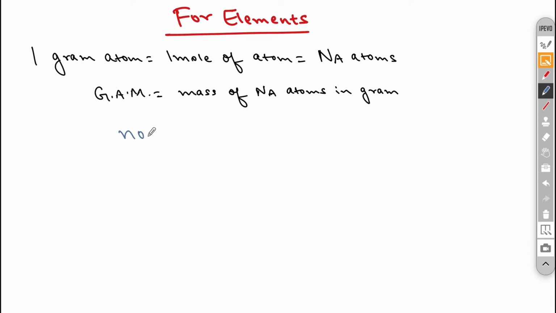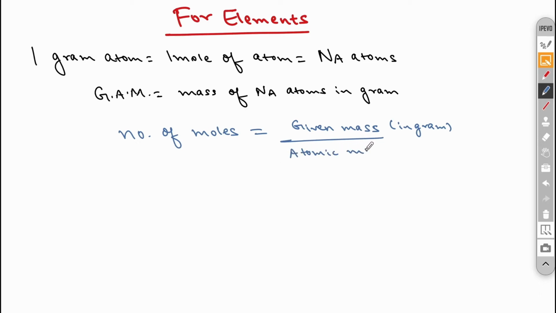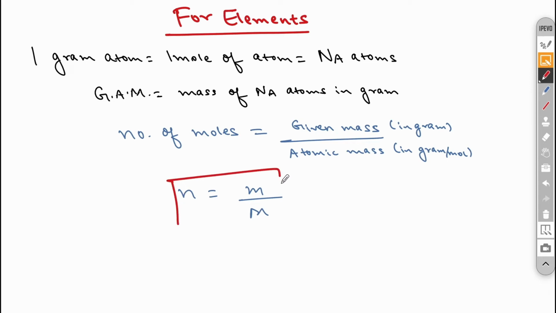For elements we define gram atomic mass. Also we can write number of moles as given mass, which will be in grams, divided by atomic mass, which will be in gram per mole. We are discussing this because it's useful in solving problems. So small n, the number of moles, is equal to small m divided by capital M. Small m is the given mass, capital M is the atomic mass, in gram per mole.